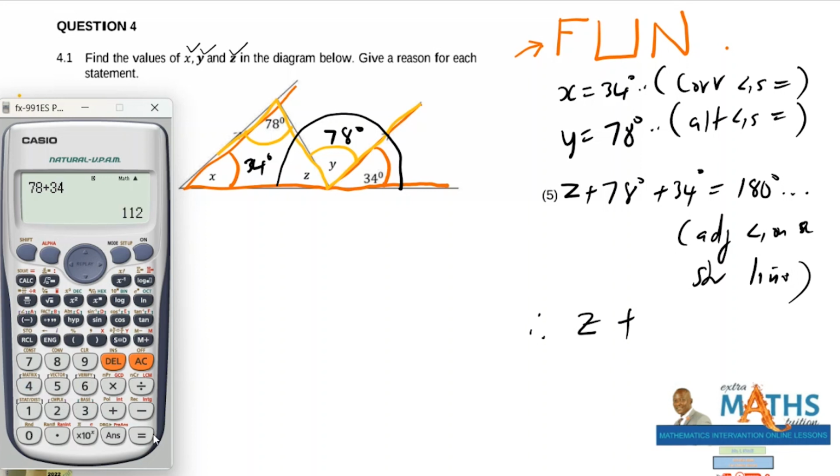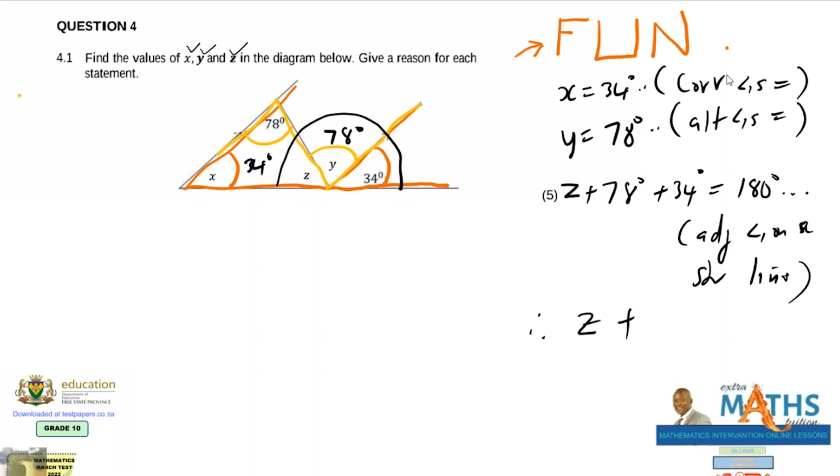It's equal to 112. It means z plus 112 equal to 180. Then let us transpose this 112 to be minus 112. Then what is our final answer will be 68 degrees. Okay, I hope you've understood this concept.